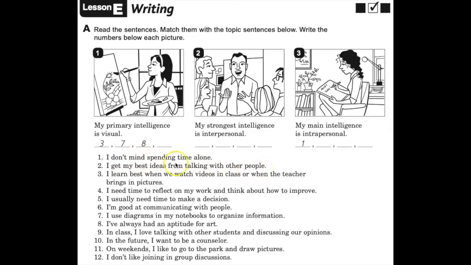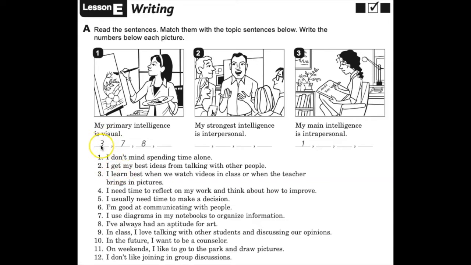Okay, if you like to interact with other people, are you visual, interpersonal, or intrapersonal? Write the number under the word. Number 3, I learn best when we watch videos in class or when the teacher brings in pictures. So this person likes visual.